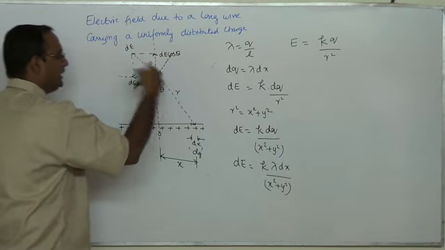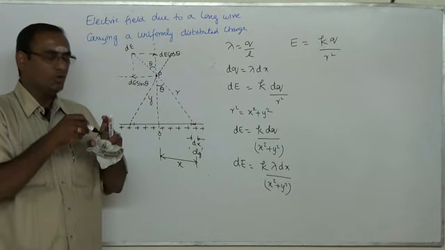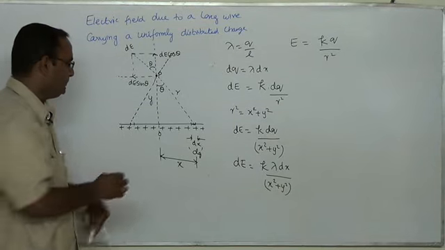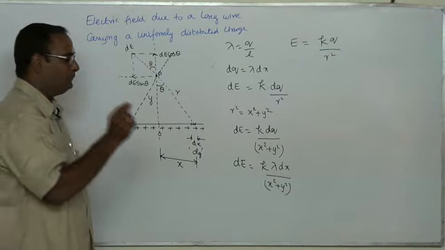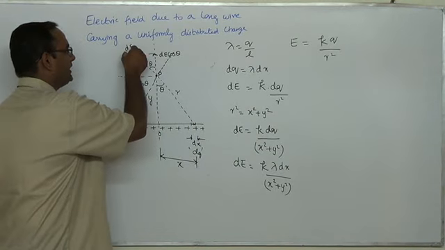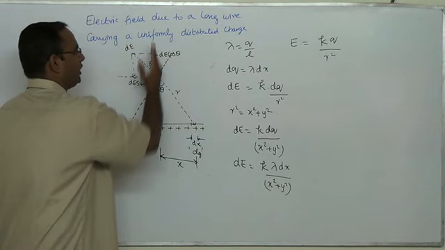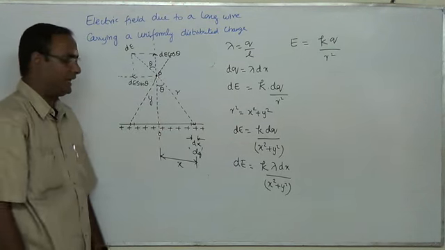These dE sin theta will cancel out each other because they are equal and opposite. So what we should understand here is, if there is an element on the right hand side of the center, its net electric field has two components, one is dE cos theta which is along the vertical component and dE sin theta which is along the horizontal direction.